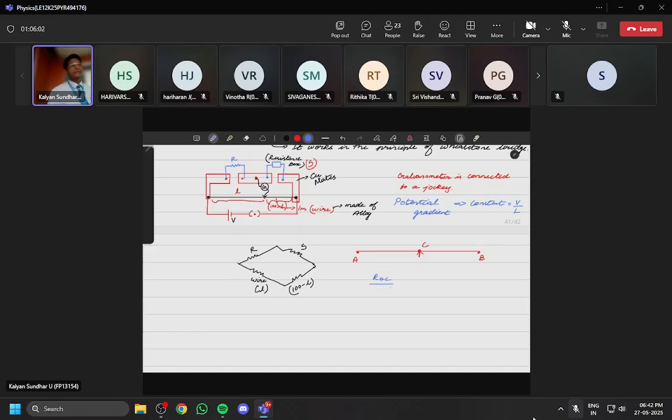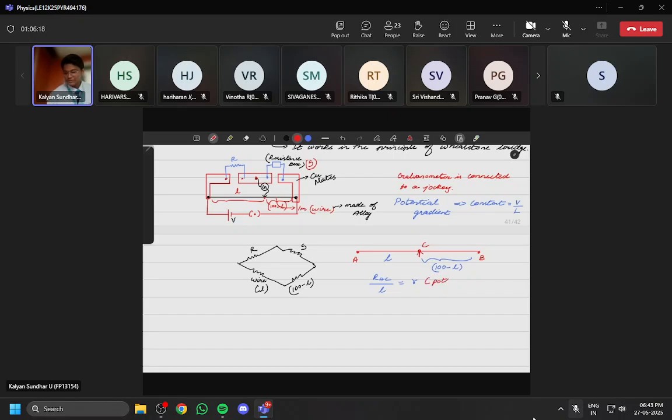resistance per unit length எவ்வளோ? L. இதோட யூனிட் லென்த் எவ்வளோ? 100 minus L. So RAC will be equal to, this is your small value r. r என்றது தான் நான் என்னன்னு சொன்னேன்?